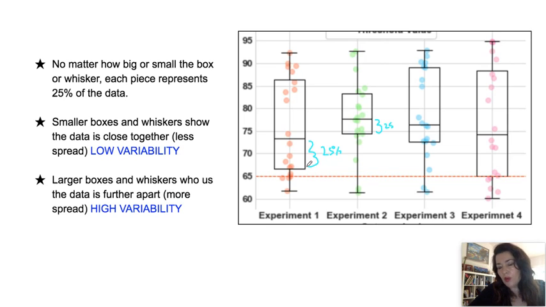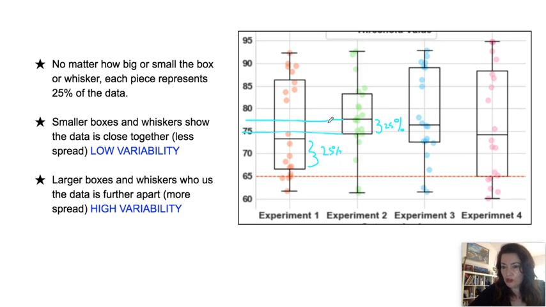So experiment 1 is more spread out from your Q1 to your median than experiment 2. And if you wanted to know exactly what that spread was, all you would need to do is look at the number line and just take the difference of those values.